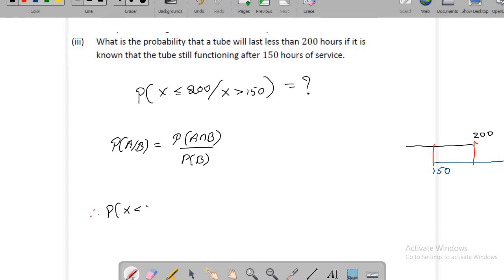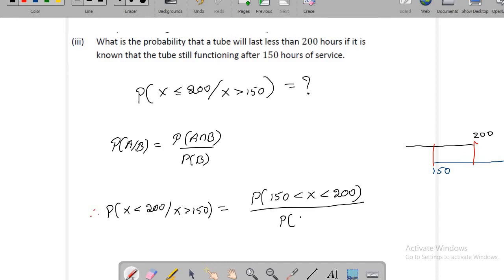So therefore, probability that x less than 200 given x greater than 150, can I write it like this? Probability that 150 less than x less than 200 divided by probability that x greater than 150.